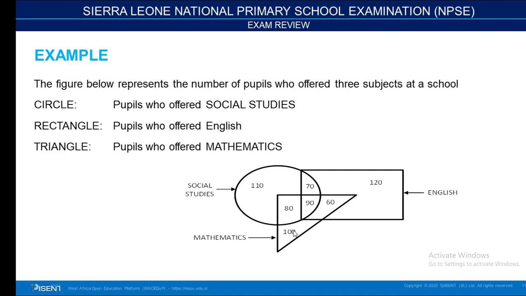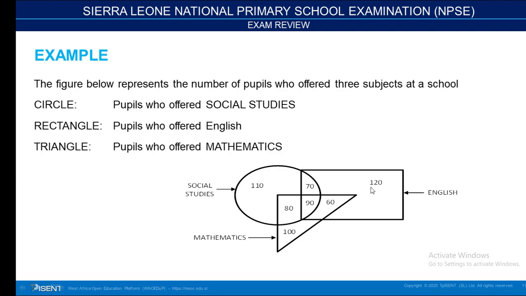Now let's go back. All your tricks here. Once you are able to determine a particular shape, you must be able to know that this is the circle. It represents those offering social studies. This is the triangle. It represents those offering mathematics. And this is the rectangle. It represents those offering English.